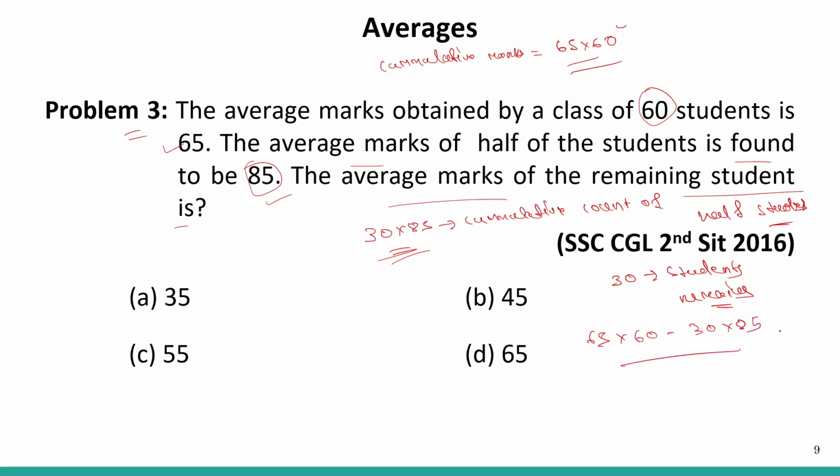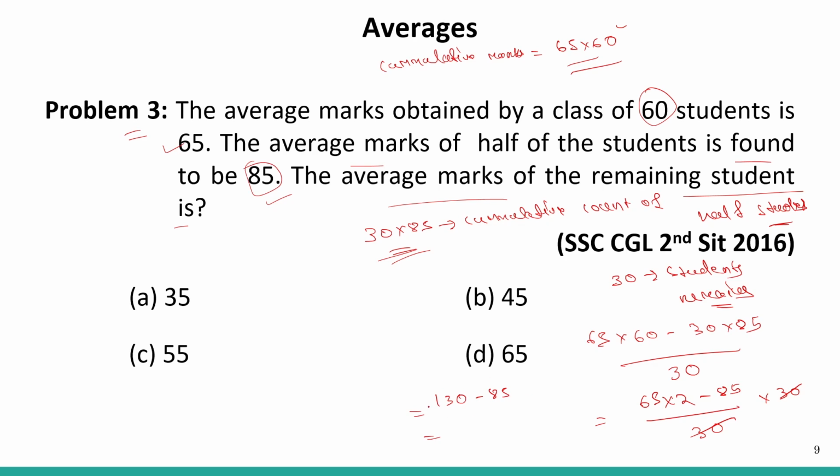This will give us the remaining students' cumulative marks, and we divide it by 30 to get their average. Taking 30 common from the numerator, we are left with 65 into 2 minus 85, over 30 into 30. So 30 will get cancelled out, and we are left with 130 minus 85.